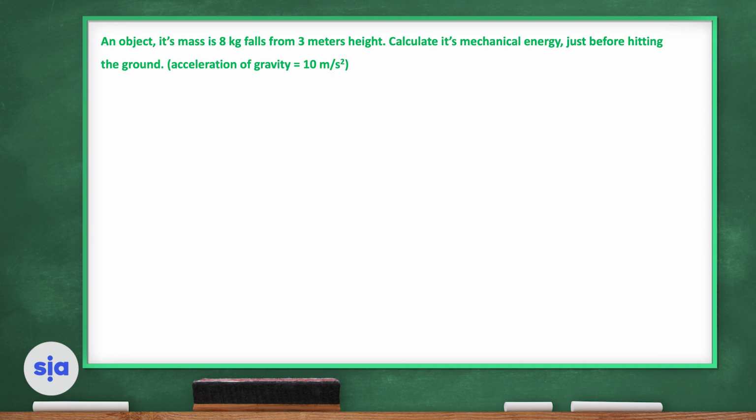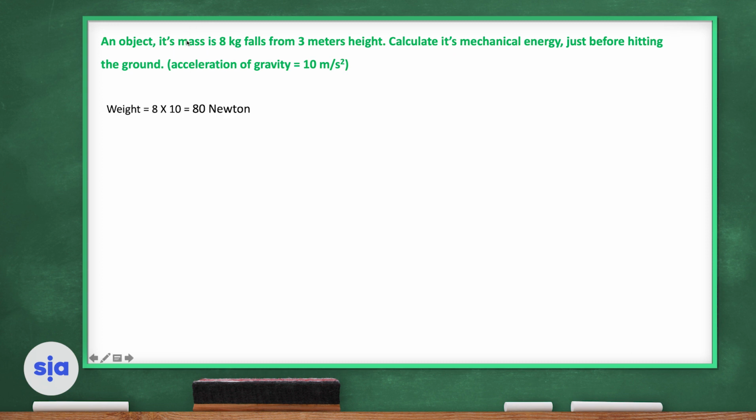An object, its mass is 8 kilograms, falls from 3 meters height. Calculate its mechanical energy just before hitting the ground, if you know that the acceleration of gravity equals 10 meters per second square.